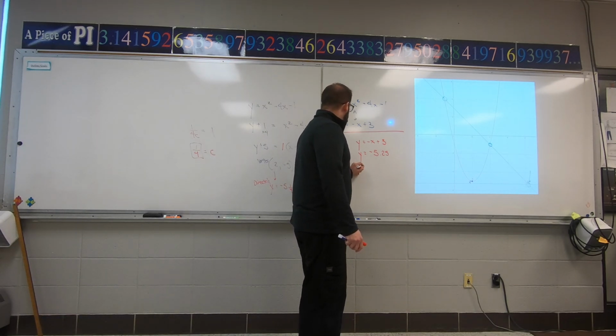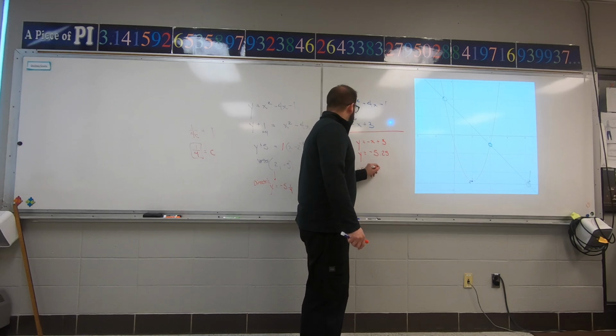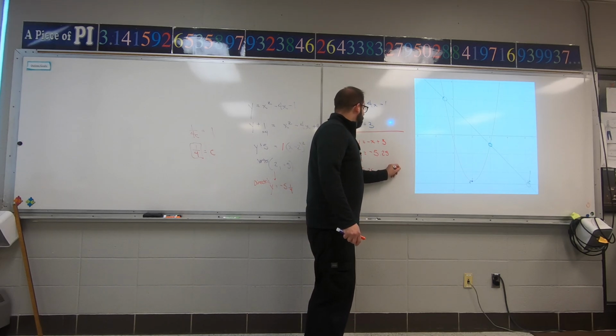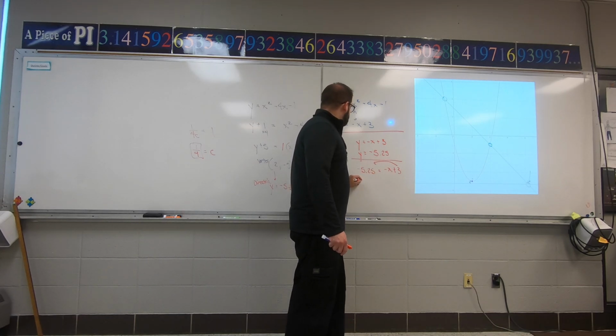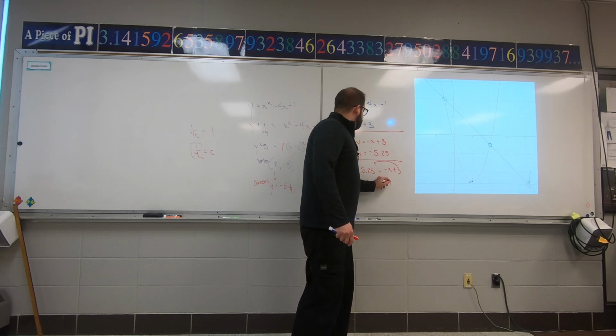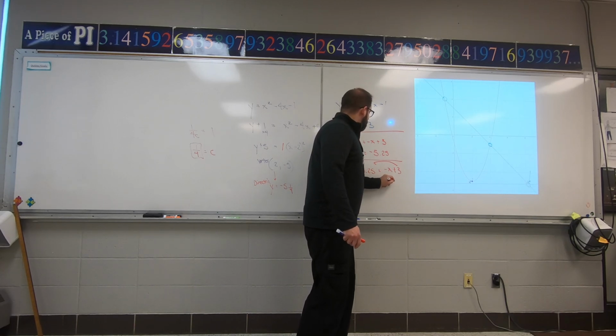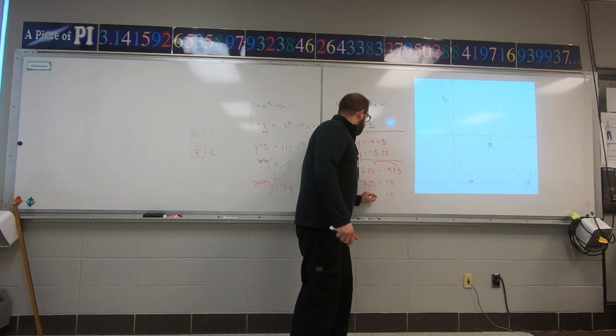I didn't even think about it. So -5.25 is equal to -x plus 3. Right, you actually set them equal to each other. I would subtract the 3 across, that makes -8.25. And divide by -x, or -1 I should say, and I get 8.25.